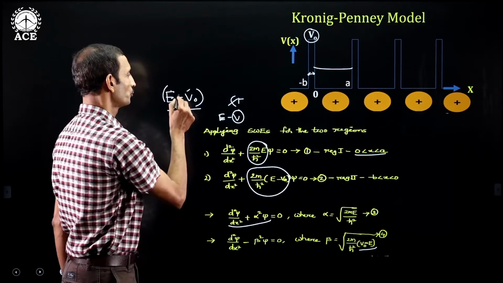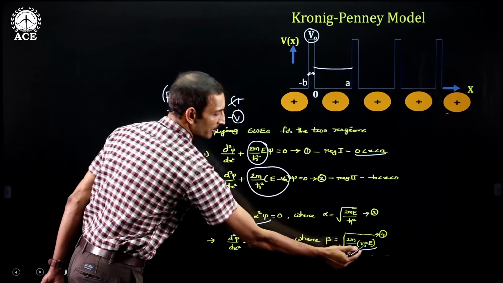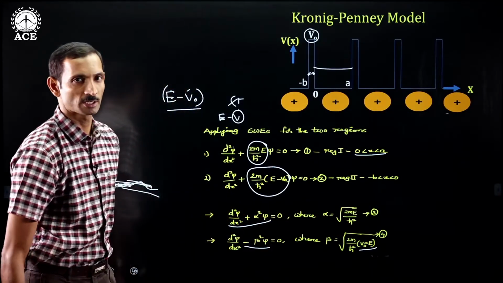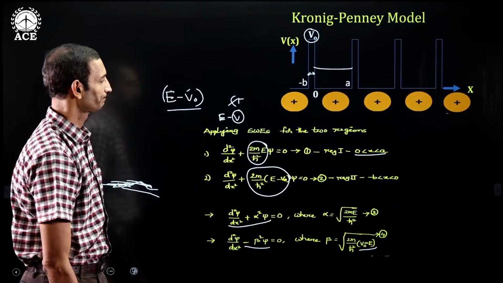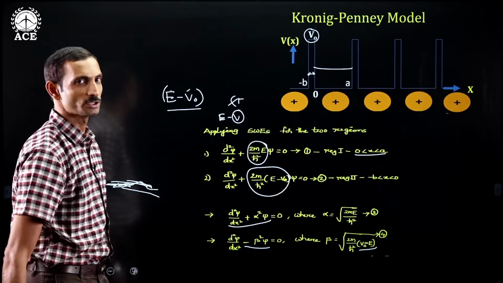Therefore, in order to make the square root positive, we have written V naught minus E. For that, we have written it as minus beta square into psi. These two are the differential equations that we can write for those two regions.